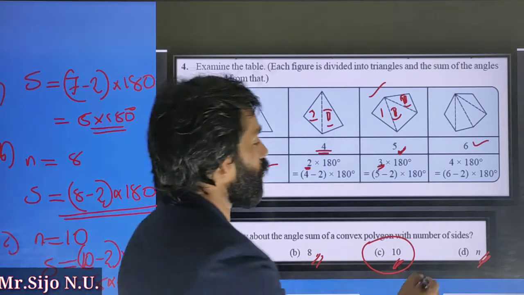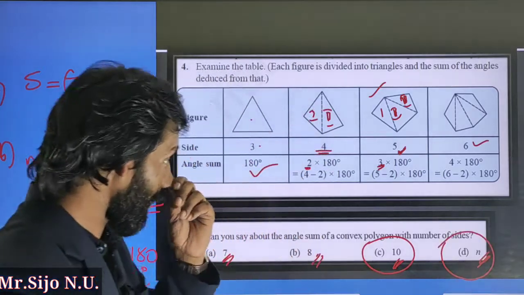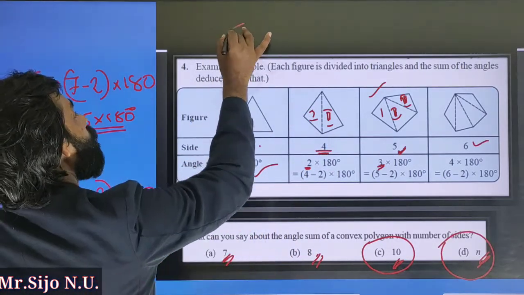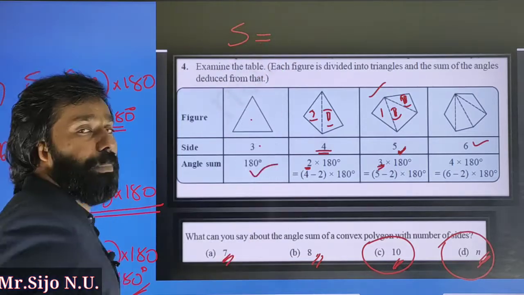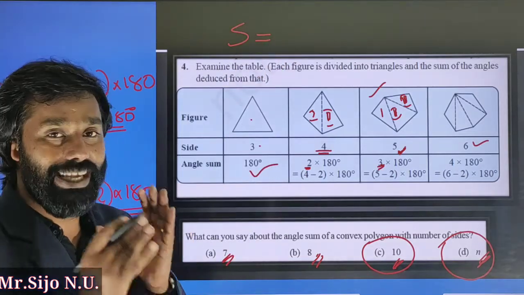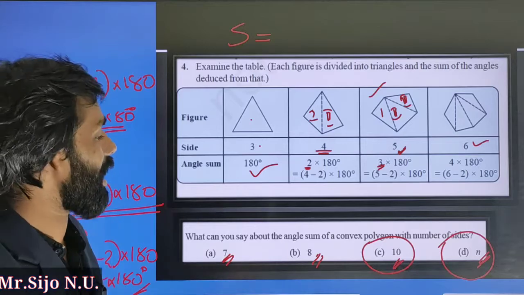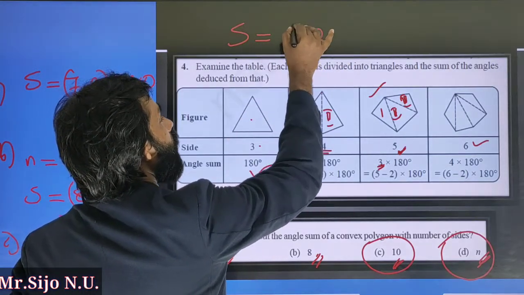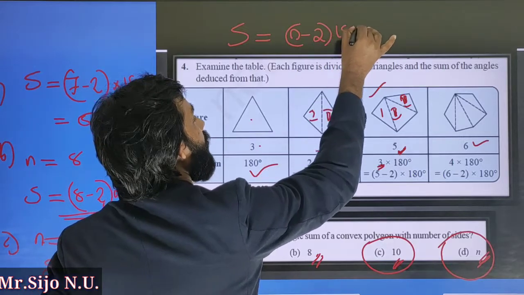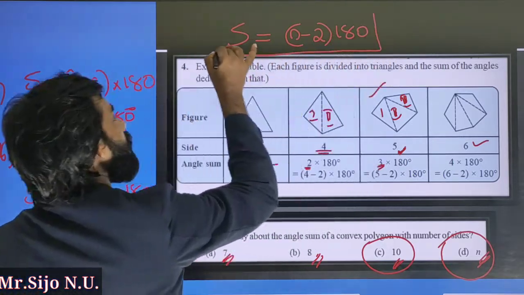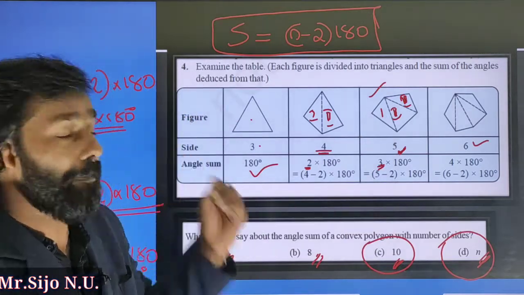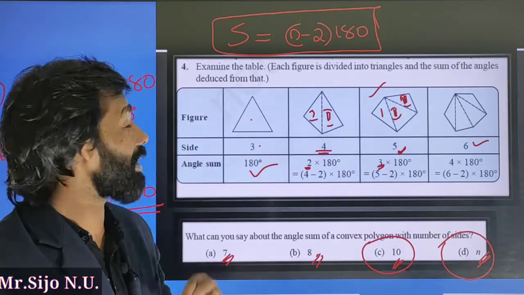Now come to point D, number of sides n. Here is the general formula. We can derive that the sum of the angles of a polygon which has n sides is S equal to (n minus 2) into 180. It is the angle sum property of a polygon, where n is the number of sides.